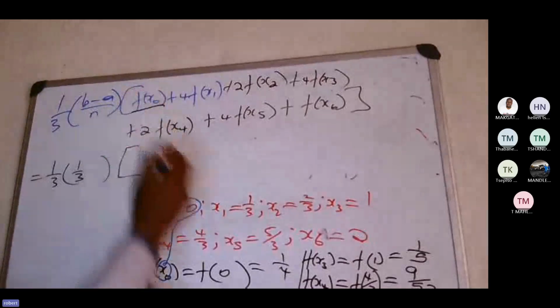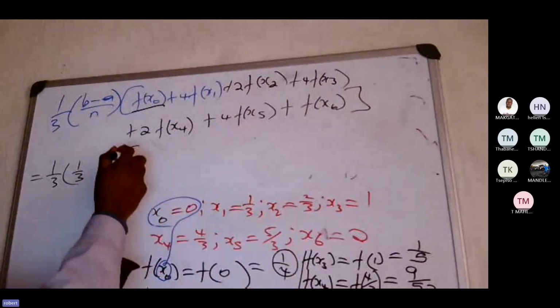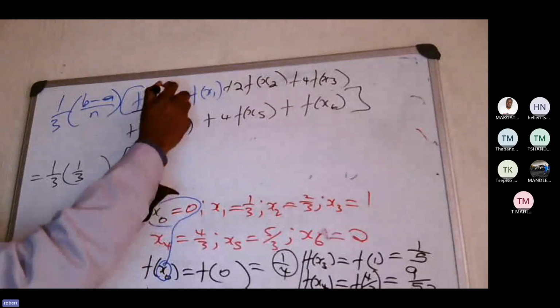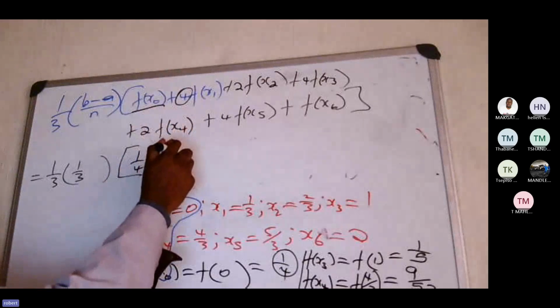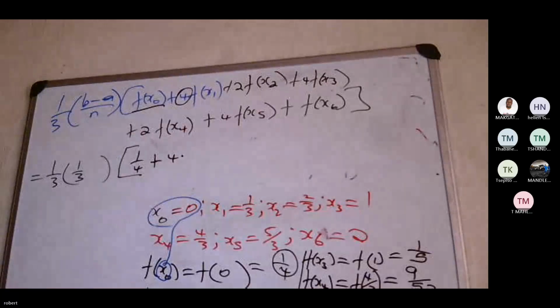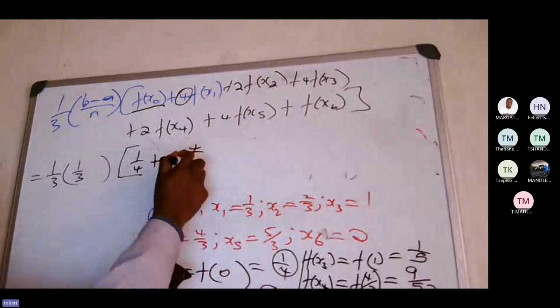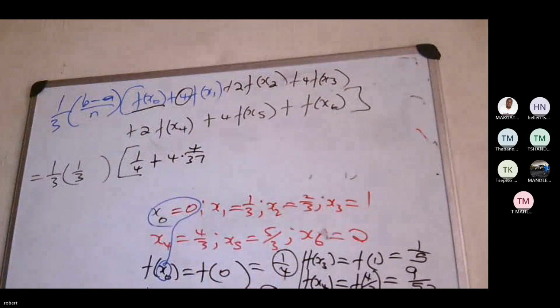That is this one. So 1 over 4 plus this 4. Don't forget the 4. 4 multiplied by f of x1. What is f of x1? This is f of x1. It will be 4 over 37.